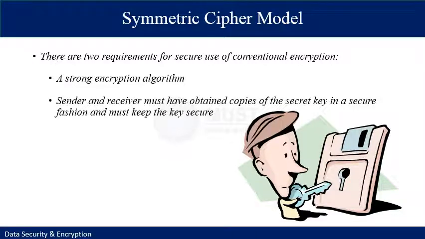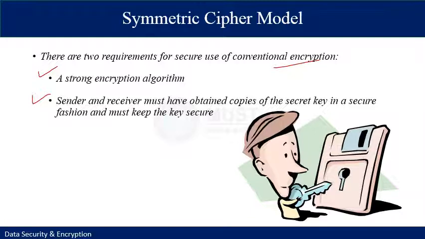In the symmetric cipher model, there are two requirements for secure use of a conventional algorithm. Number one is a strong encryption algorithm, and number two is the secure transfer of the security key.